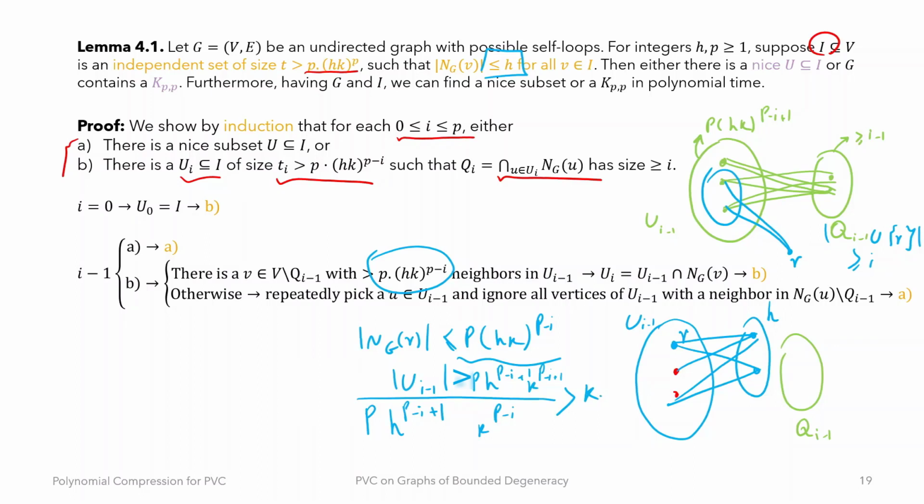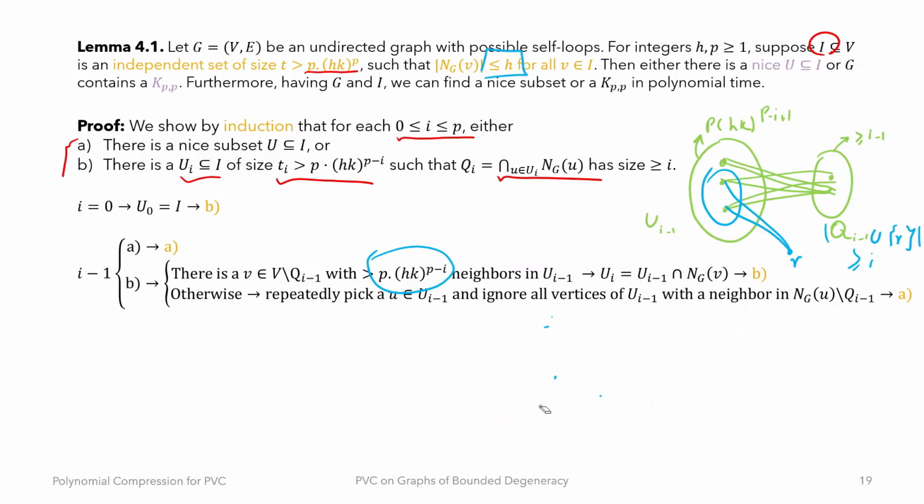So we pick at least k plus 1 vertices from U_{i-1}, and those are the nice subset that we were looking for. We are done with the induction, and at the end for P, we know one of A or B is true.